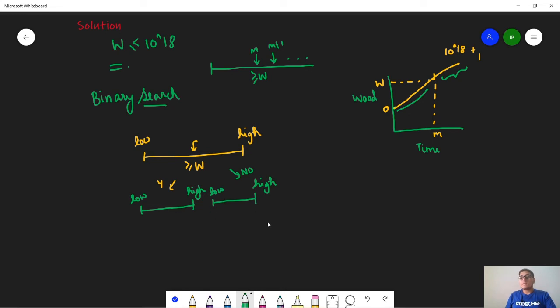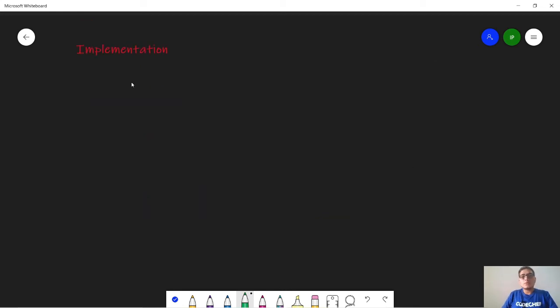We will perform this step until low is equal to high. In this case, the lower bound is equal to the upper bound, hence we are at the mid value, which is our answer. To implement the above solution, first of all, we will take our range, which is low and high.